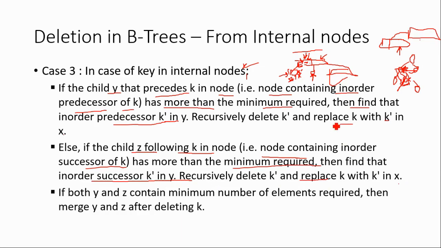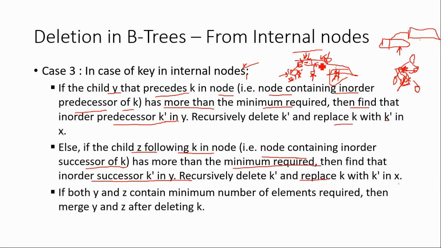So we perform a similar thing: we find the in-order successor of that element, which will be present in the right subtree. Usually the first element serves as the in-order successor, and we first delete the node containing that in-order successor, and then replace the element which was to be deleted with the in-order successor.